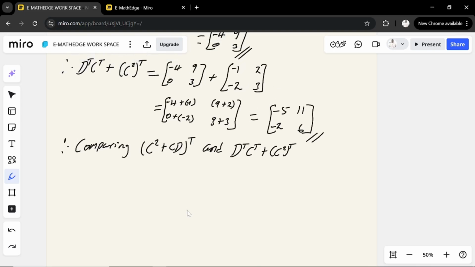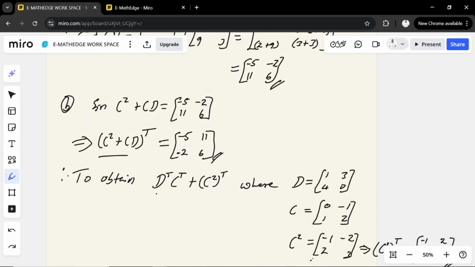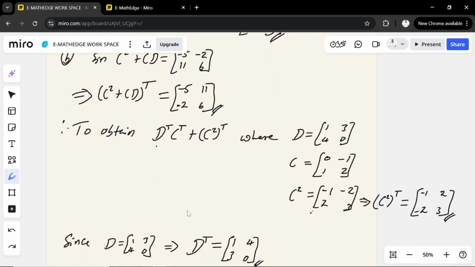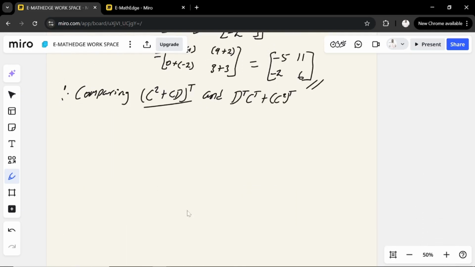Let's go ahead and check it out. C square plus CD transpose is having the elements -5, 11, -2, and 6. So this is having -5, 11, -2, and 6.